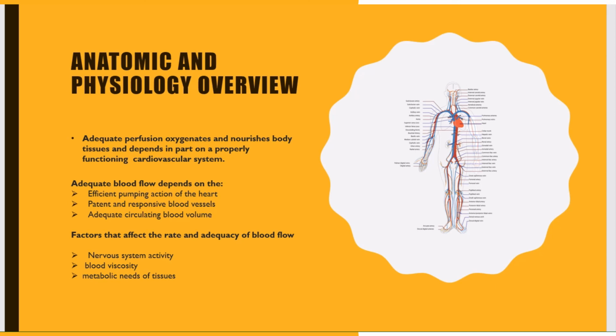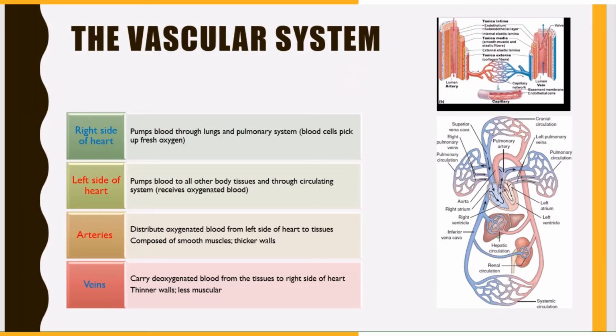Now we are going to actually look into the vascular system itself: the right side of the heart, the left side of the heart, the arteries and the veins. Here you can see the right side of the heart. It pumps the blood through the lungs and into the pulmonary system. So the blood comes to the right atrium, then it goes to the right ventricle, into the pulmonary artery, and into the lungs.